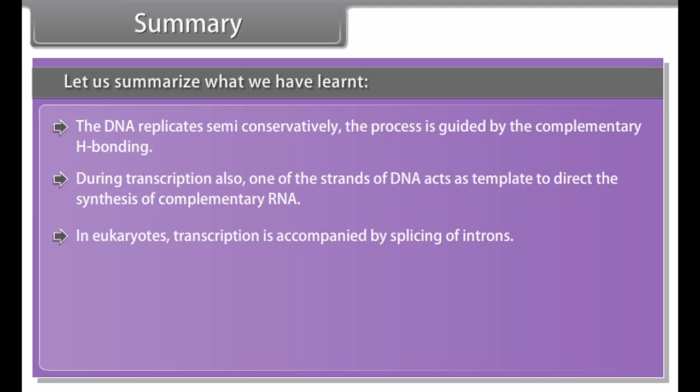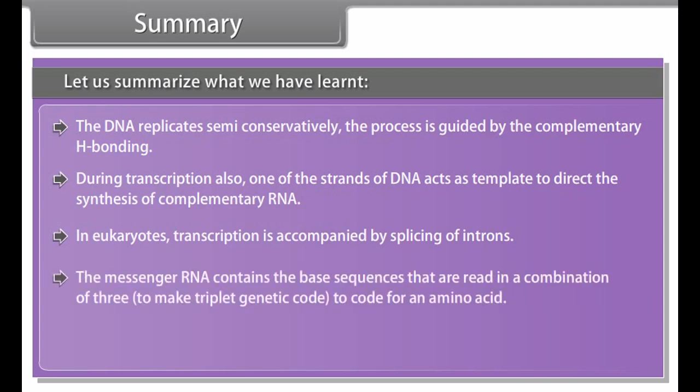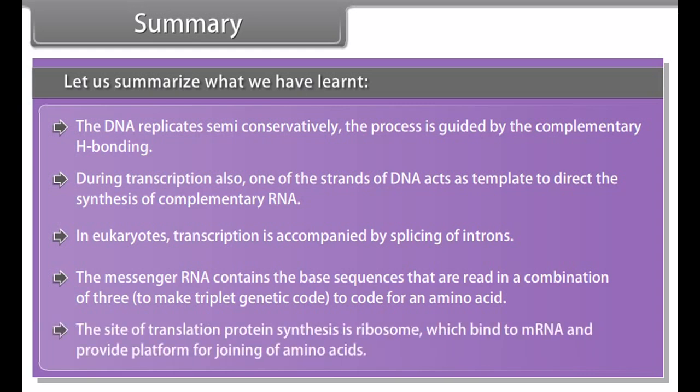In eukaryotes, transcription is accompanied by splicing of introns. The messenger RNA contains the base sequences that are read in a combination of 3 to make a triplet genetic code to code for an amino acid. The site of translation, protein synthesis, is the ribosome, which binds to mRNA and provides a platform for joining of amino acids.